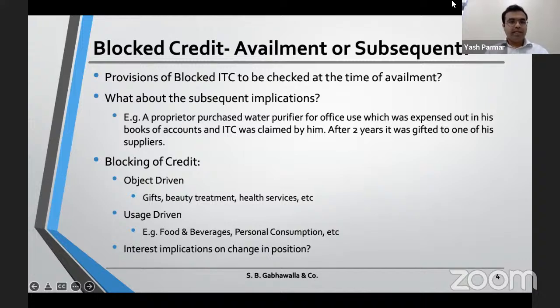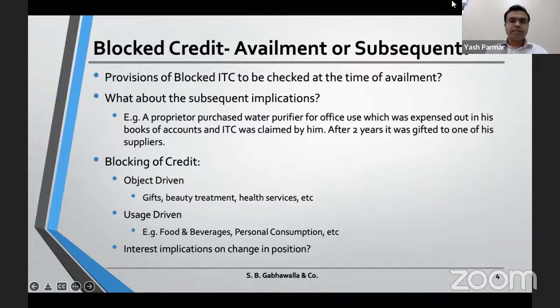I have taken an example: say a proprietor purchases a water purifier for office use, which was expensed out in his books of accounts, and ITC was claimed by him. Because this expense is for business, and assuming that other conditions of section 16(1) are satisfied, he has availed the credit.